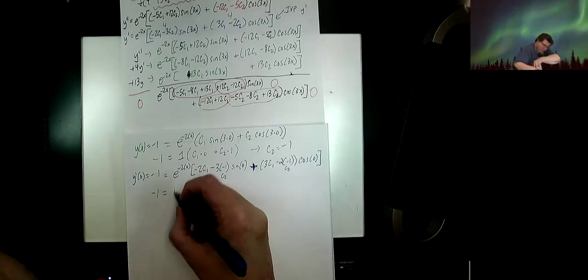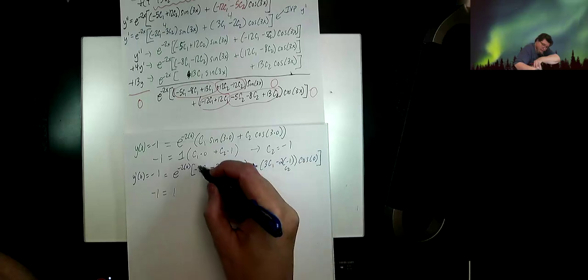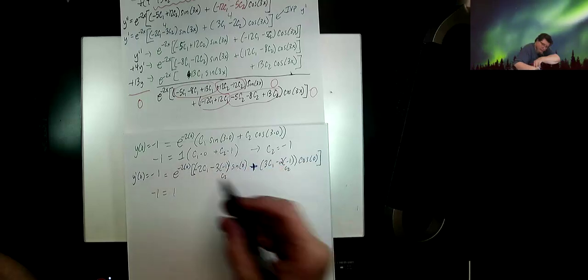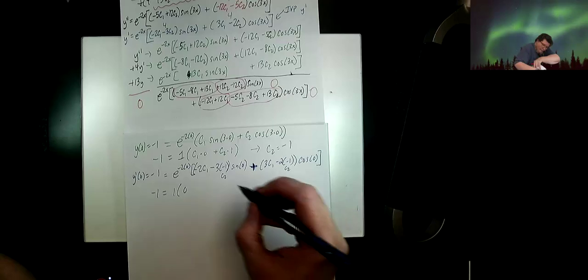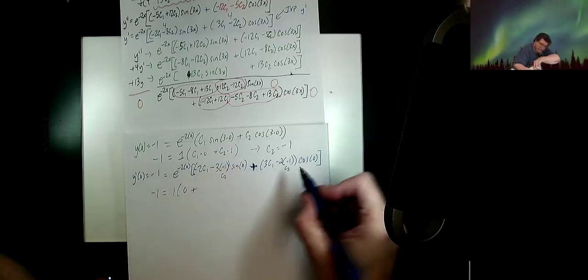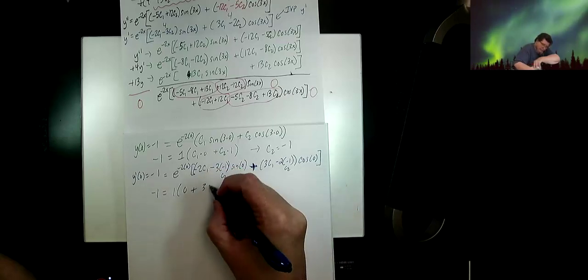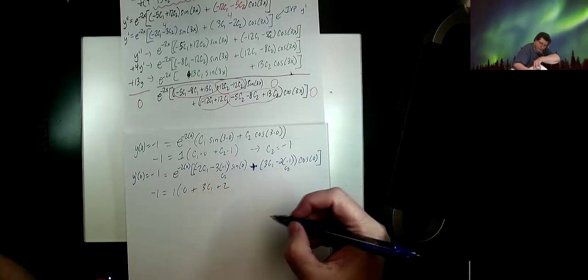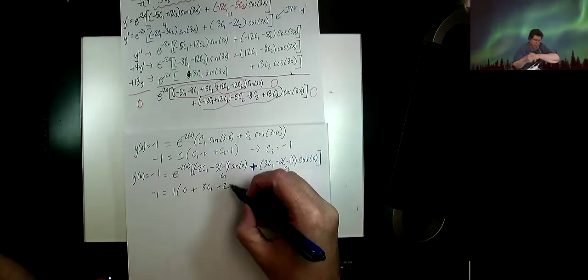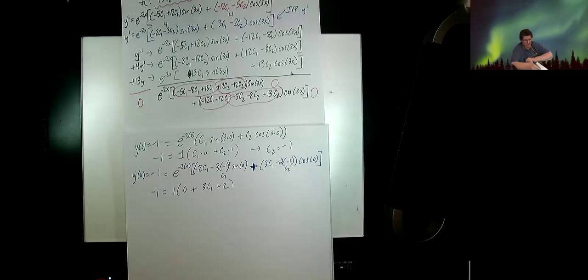This is 1 times 0 plus 3C1 plus 2 times cosine of 0, which is 1.